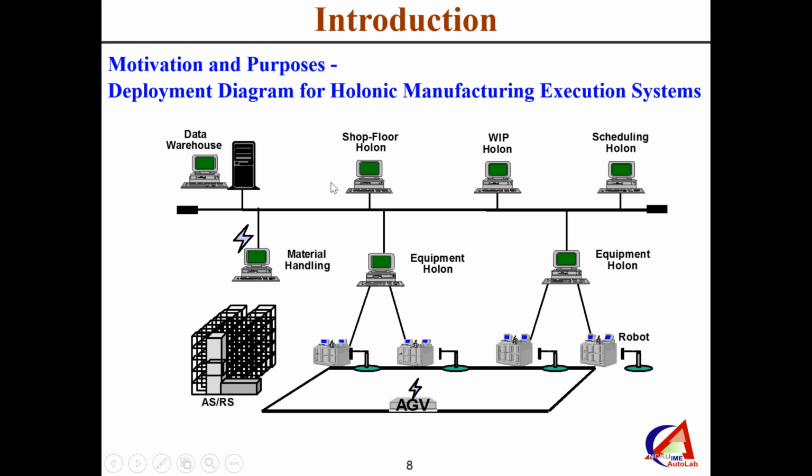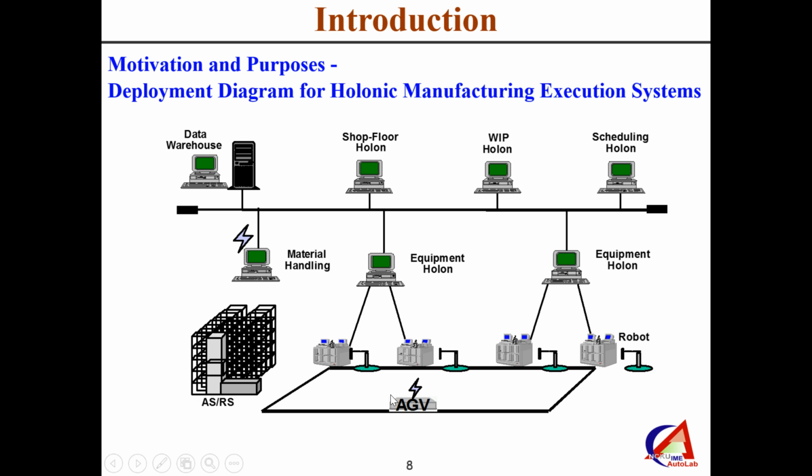Then in the MES system we have several Holons. That is for system manager. Then we have a WIP Holon, scheduling Holon, etc. You can think of this Holon as meaning a manager: the WIP tracking manager, scheduling manager, or equipment manager, etc. Besides this kind of functionality, we still need material handling.